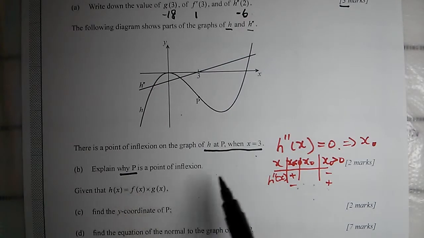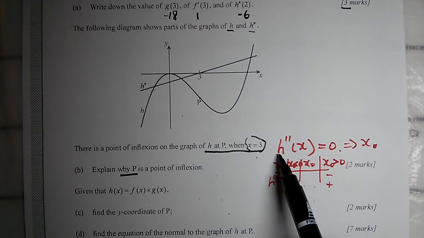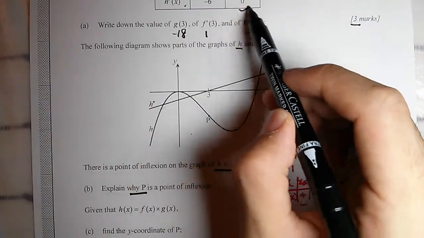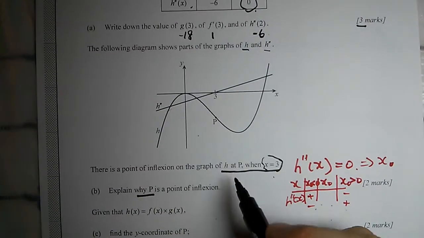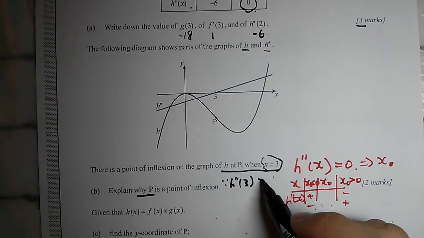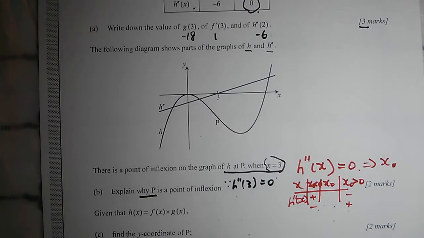Why is x equal to 3 the point of inflection? First of all, it fits h double prime 3 equal to 0. Why? Simply from here. So the first thing you write down is, since h double dash 3 equals 0. Next, you need a sign change. Where can we find a sign change?